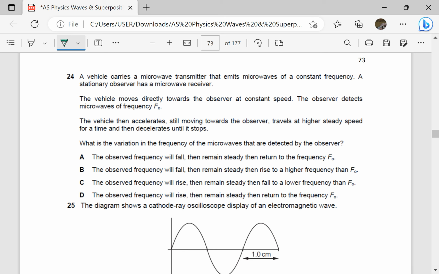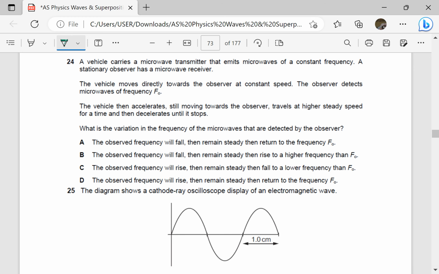That means the speed increases. It then travels at a higher steady speed for a time and then decelerates until it stops. What is the variation in the frequency of the microwaves that are detected by the observer?